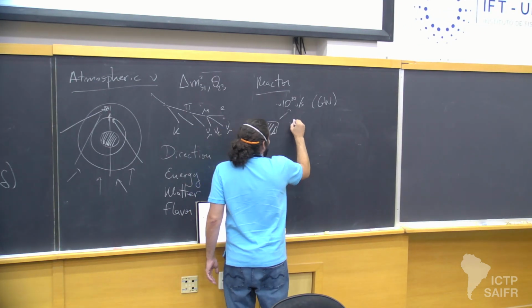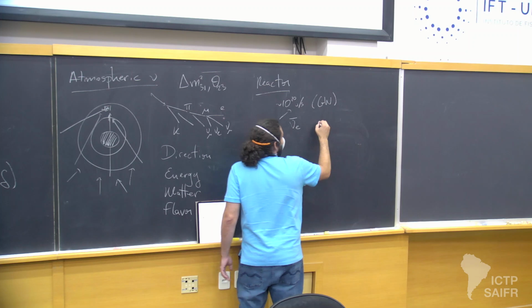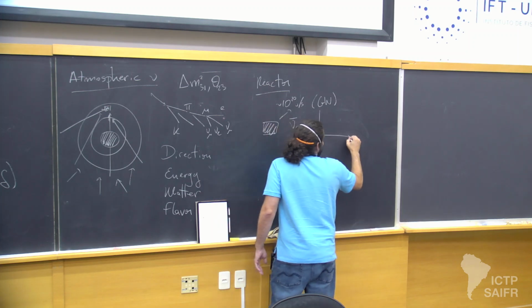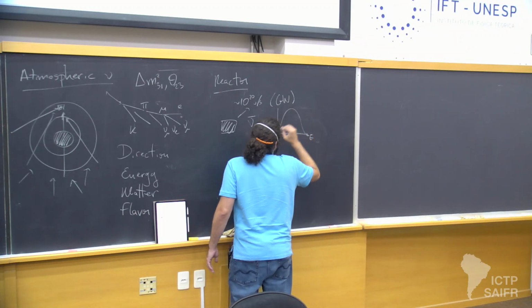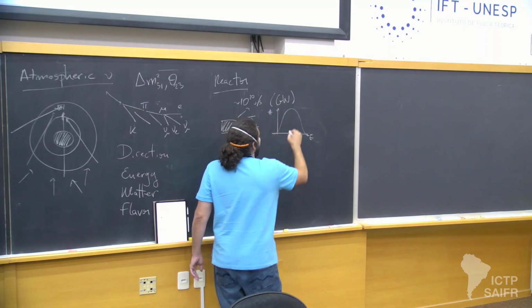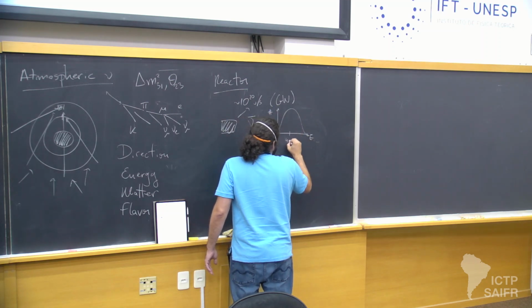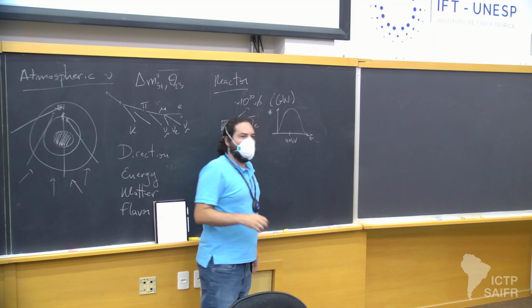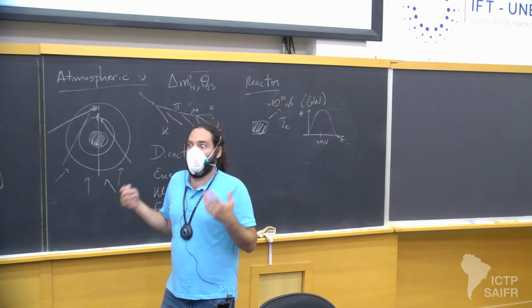These are all nu e bars, and this would be the number of events, folded in with the cross-section. It peaks at about 4 MeV or so. So they're not very high energy, but there are a lot of them.